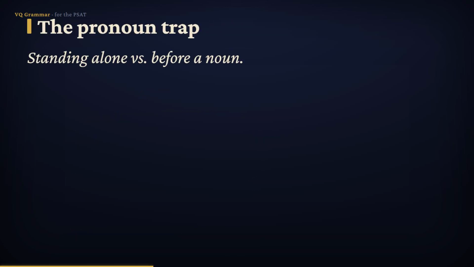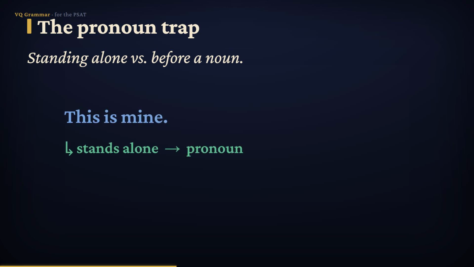Here's the trap the test loves. The same 4 words, this, that, these, and those, can be pronouns or adjectives, and you tell them apart by what follows. If the word stands alone in place of a noun, it's a demonstrative pronoun. This is mine. Where this stands alone is a pronoun.